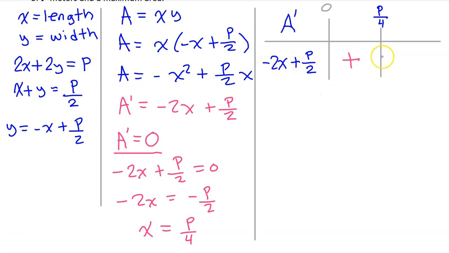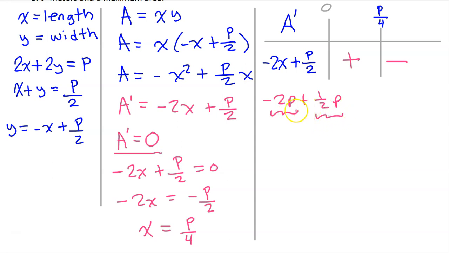If we let x be something bigger than P over 4, then we're going to get a negative value here. For example, bigger than P over 4 would be P. So that would make negative 2P plus 1/2 P. Obviously, this term is more negative than this is positive.